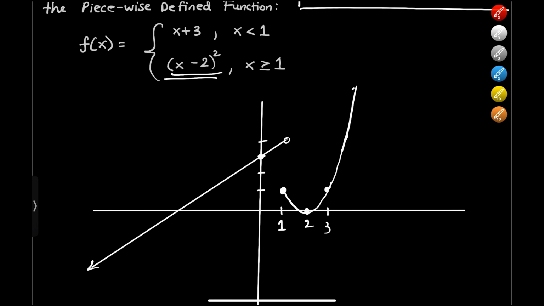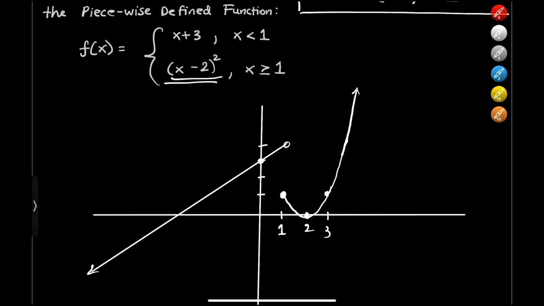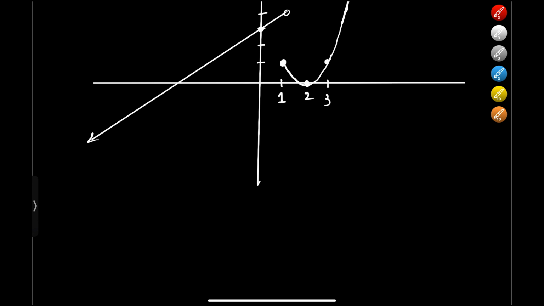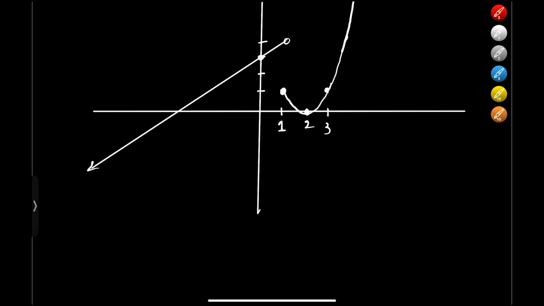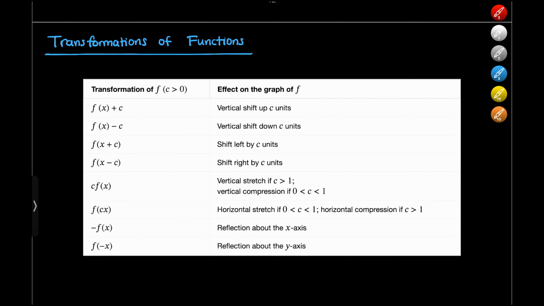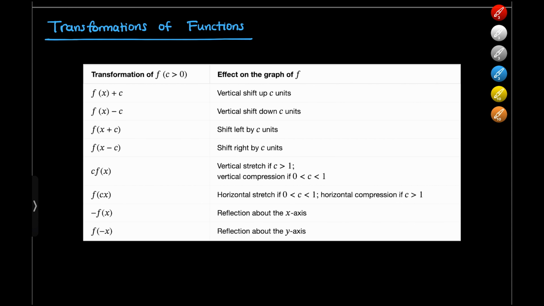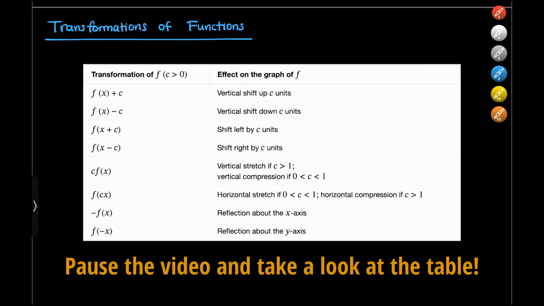And I'll go something like that. So this is this piecewise function drawn out, sketched out. So yeah, cool. For our last page, we just have some transformations of functions, and so this is just a table which shows what transformations look like.